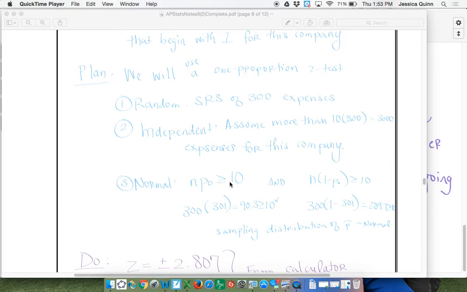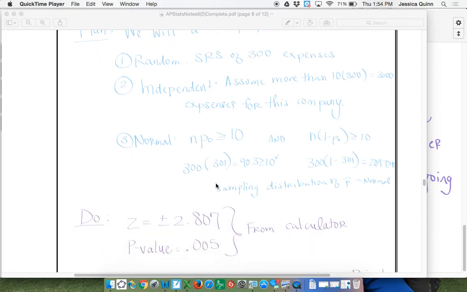And then for our normal condition, we're going to do n p naught greater than or equal to 10, and n times 1 minus p naught greater than or equal to 10. So when we do that, we get 90.3 is greater than or equal to 10, and we get 207.9 is greater than or equal to 10. So therefore, the sampling distribution of p hats is approximately normal.